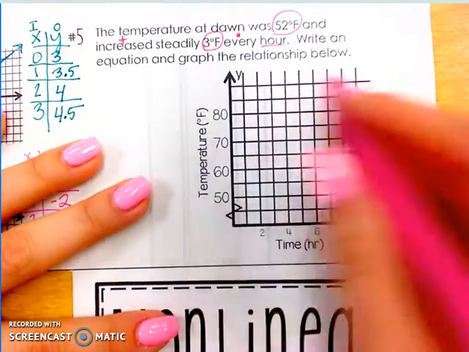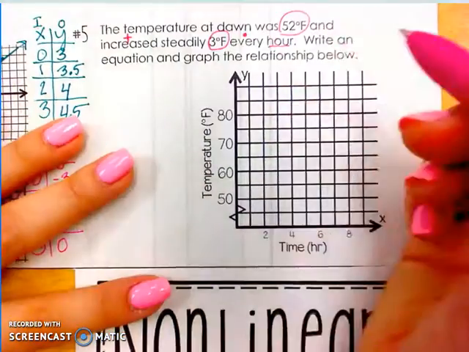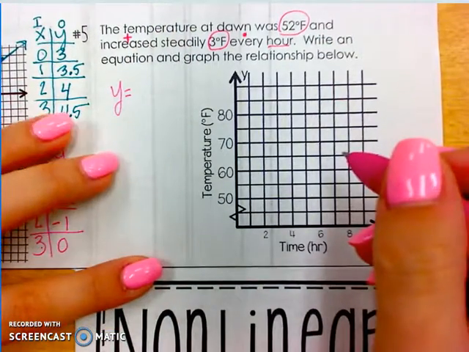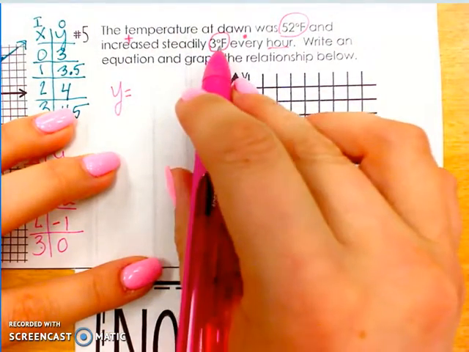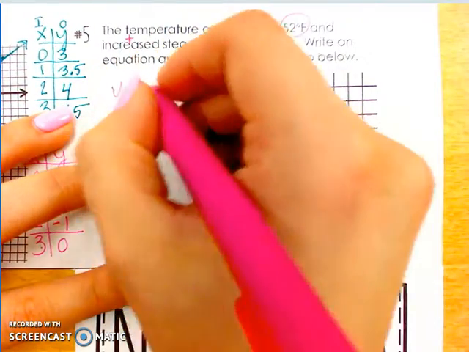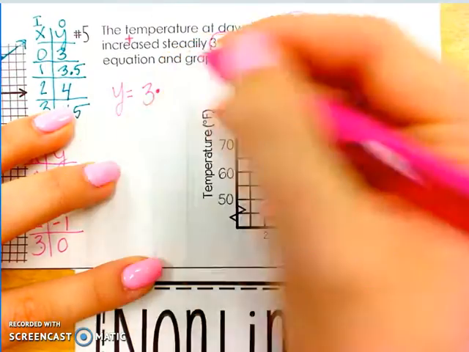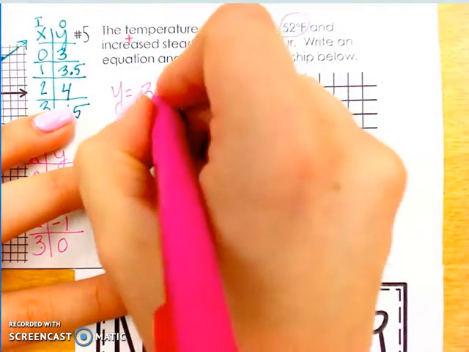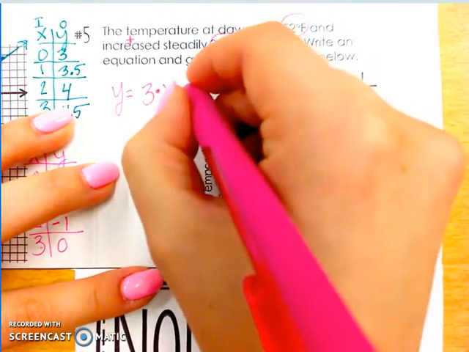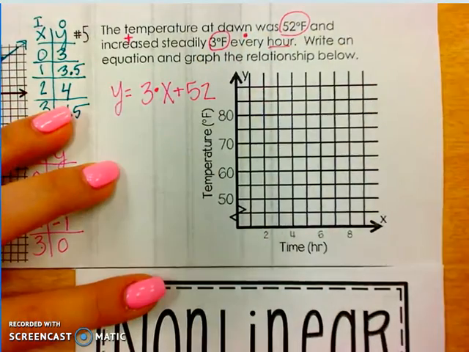Write an equation and graph the relationship. Well, the temperature, or y, depended on it went 3 degrees every hour, so that's 3 times h or x, or just 3x, and there was that constant of 52 that it started at.